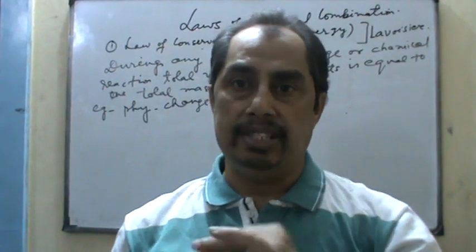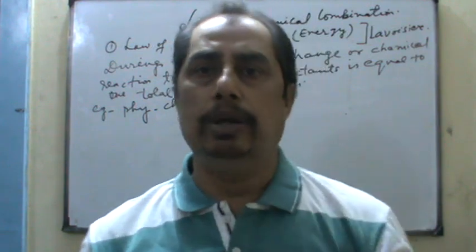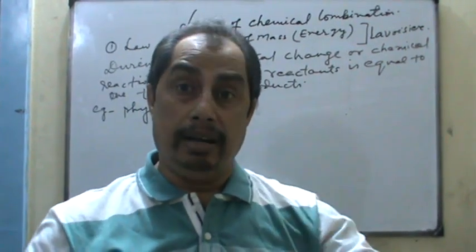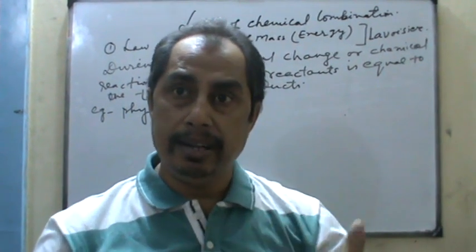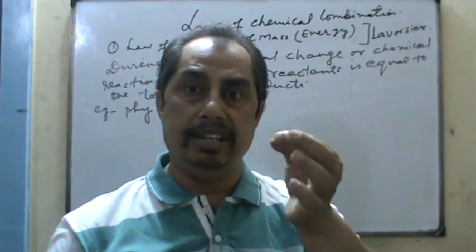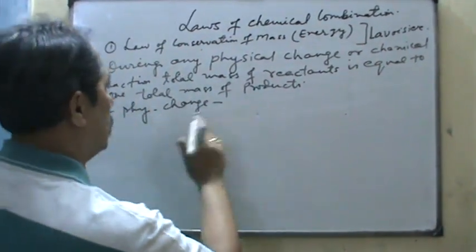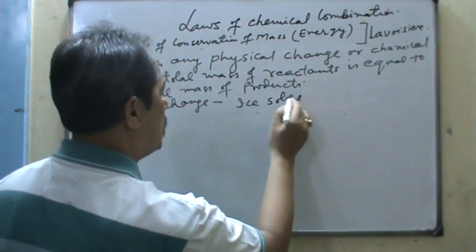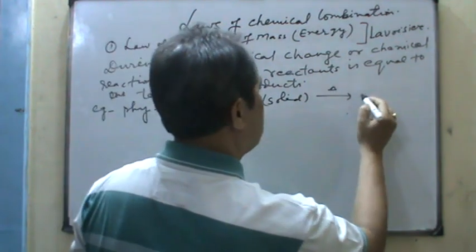Only the state is going to change, and the composition of water is H2O, and on the other side also H2O. Therefore, whatever mass we have taken before the formation of the liquid, the ice taken in the form of crystal, the total mass of the reactant should be equal to the mass of the product. Ice in solid state, gently heated slowly, and then changes into what?